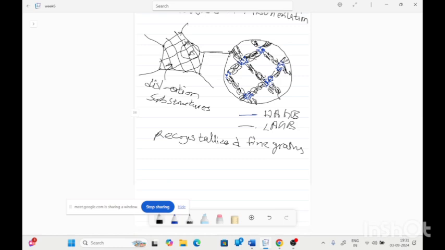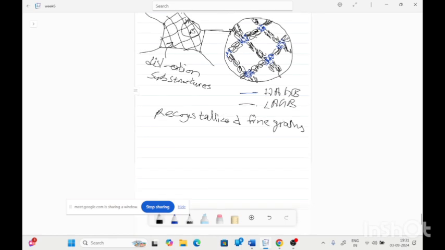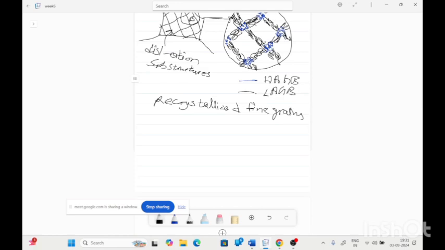In one grain, subgrains are formed, and in the subgrains the high angle and low angle grain boundaries form because of the dislocation rearrangement in the grain or subgrain. This is how the grain size is decreased.